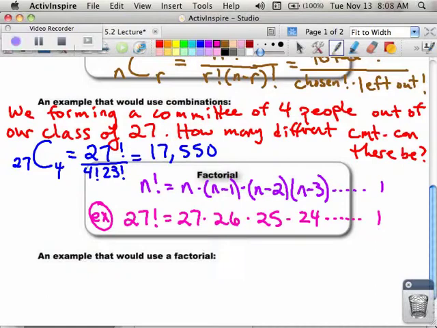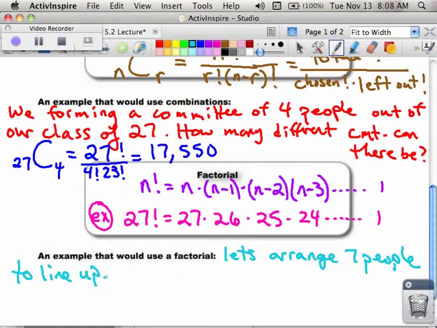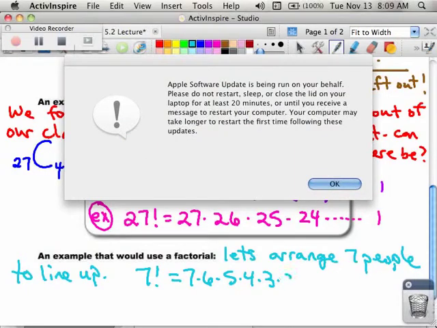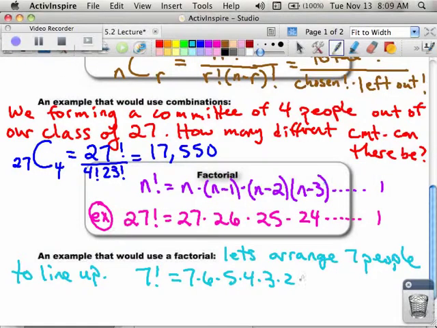An example of how they might write a question to deal with this factorial would be something like the following. Let's arrange 7 people to line up. This means that we would have 7 factorial, which is equal to 7 times 6 times 5 times 4 times 3 times 2 times 1.